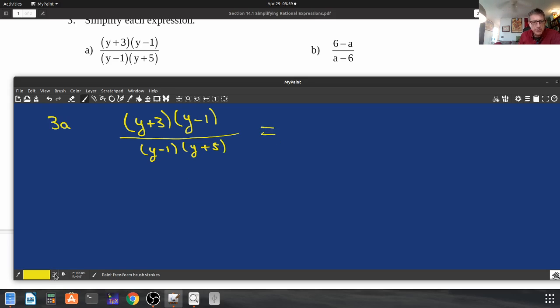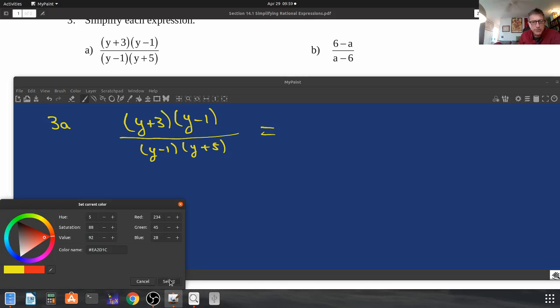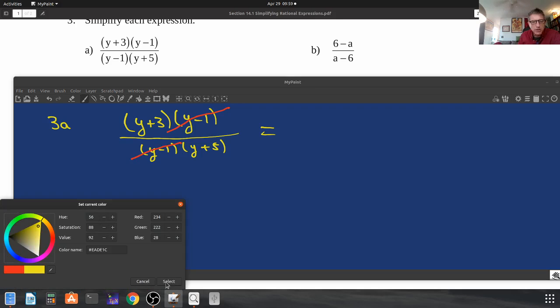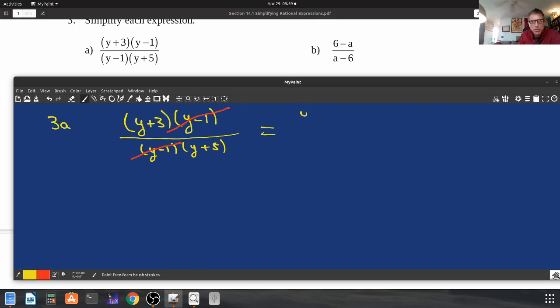All you have to do is cancel out any common factors. And the factor of y minus 1 is the same as y minus 1. So the end result is y plus 3 divided by y plus 5.